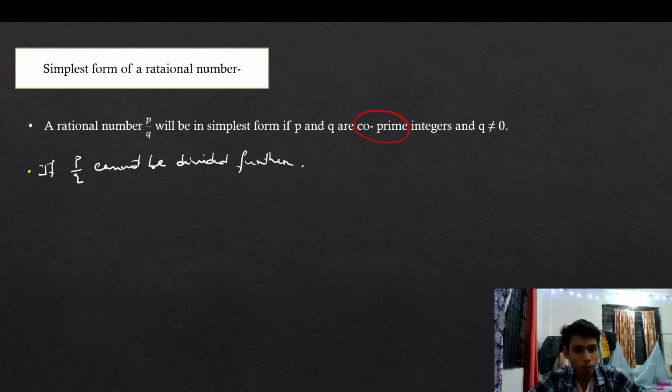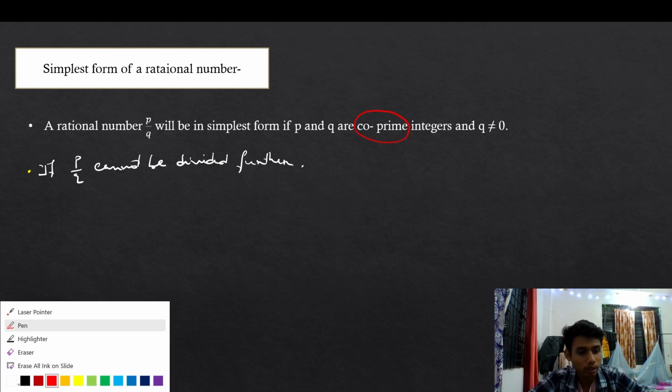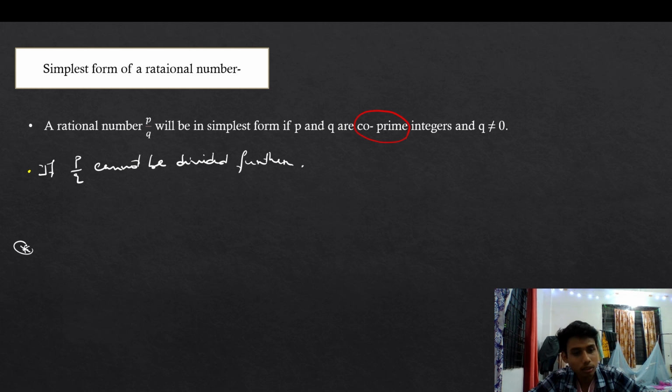So you might be wondering, what are co-prime integers? So now let's give the heading: co-prime integers.